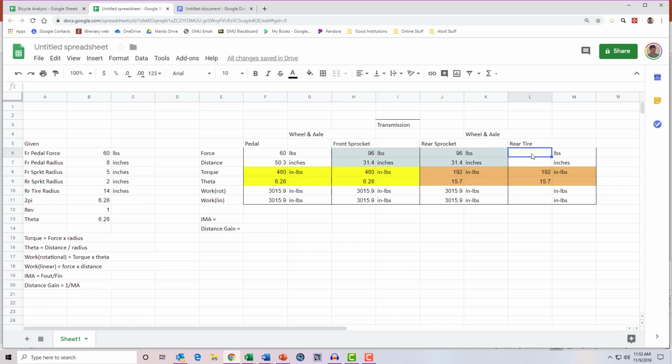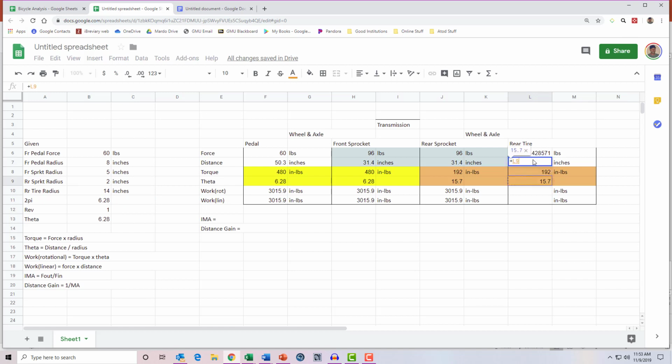Okay, and now I'm going to calculate my last force and distance. So force will be torque divided by the radius. So I take my torque, divide it by the radius, but this is the radius of the rear tire, and my distance is going to be theta times the radius.